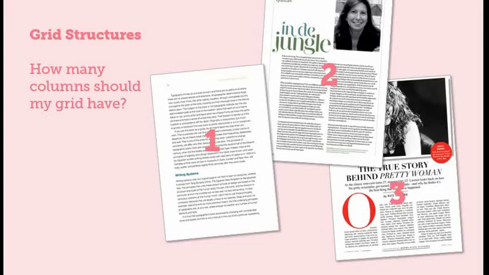And then as you get into more complex types of content with maybe you have like charts or graphs or callouts or bullet points or sidebar information, images, the more complex and more varied the content is, the better a multi-column grid will help you create both clear visual hierarchy and readability.